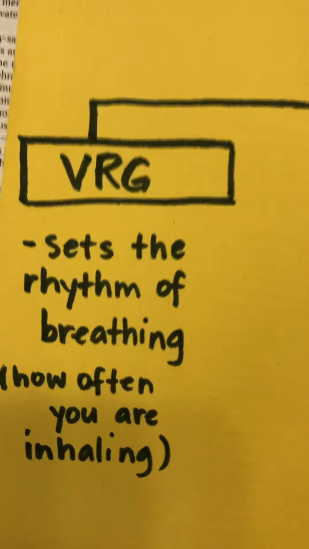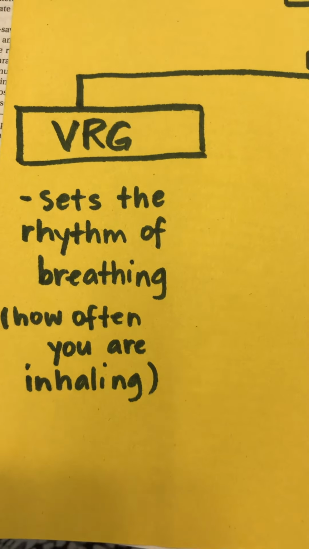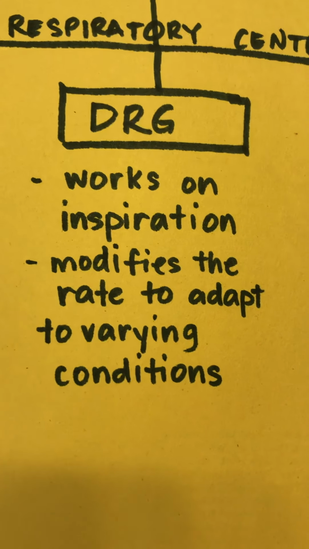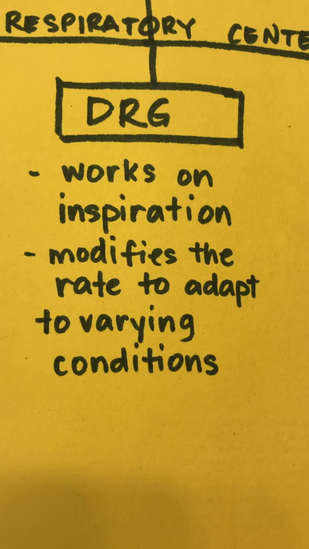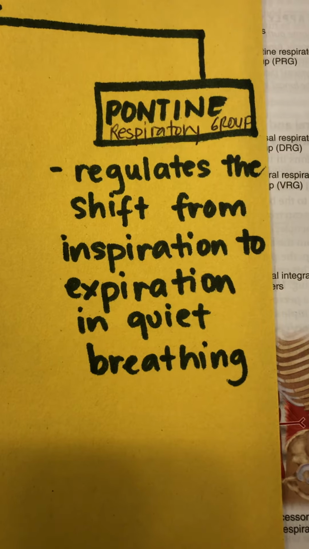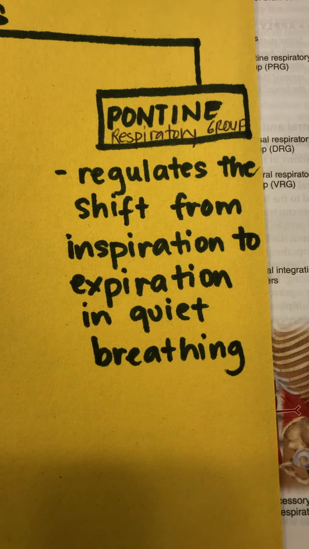The VRG sets the rhythm of breathing, so how often you are inhaling. The DRG works on inspiration, modifies the rate to adapt to varying conditions. And the pontine respiratory group regulates the shift from inspiration to expiration in quiet breathing.